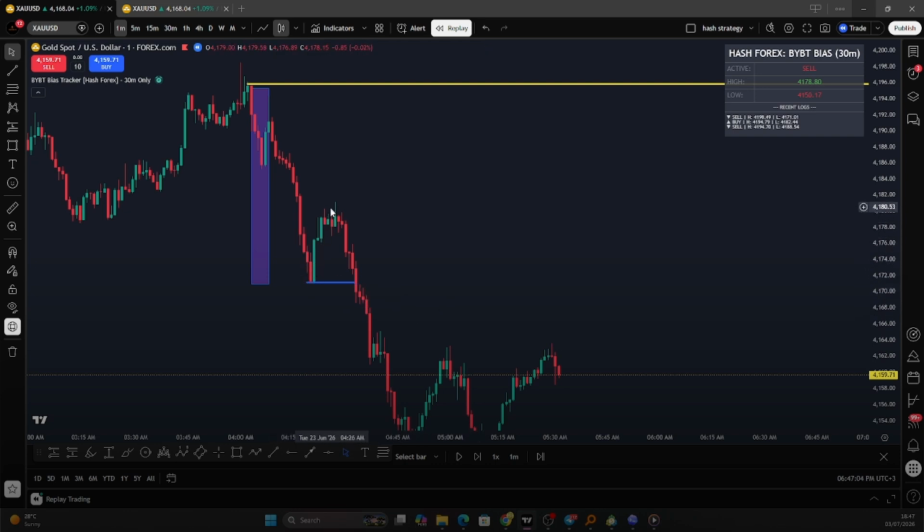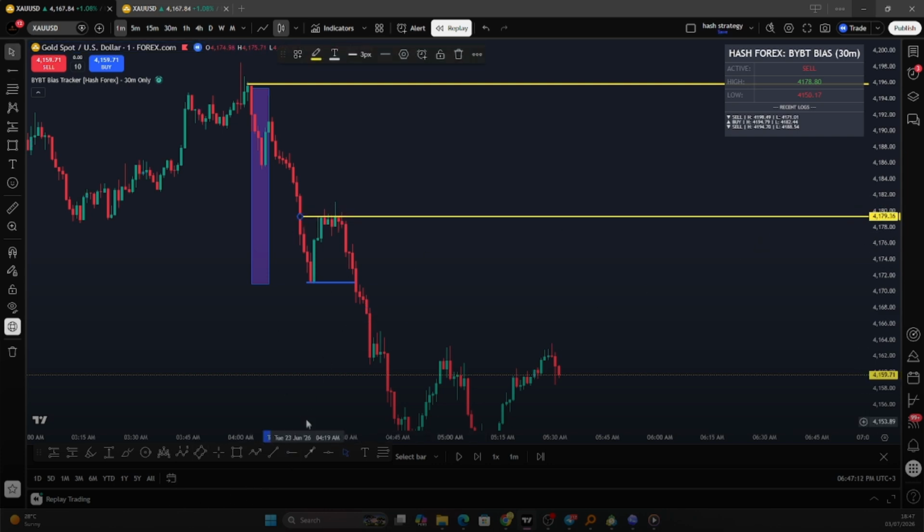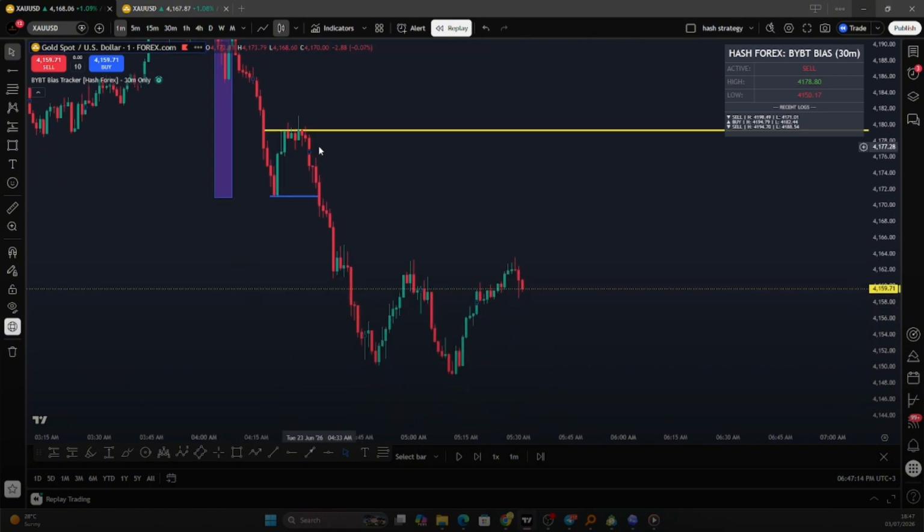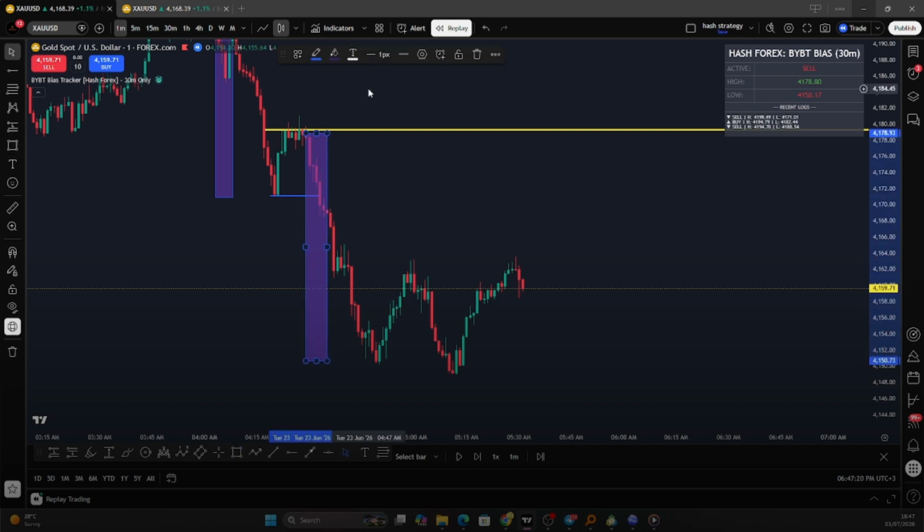Later we are getting this pullback into this zone, and that zone is also creating another zone of resistance. Then we are getting another drop to the downside, creating another support zone here, and that is our new lower low around there.